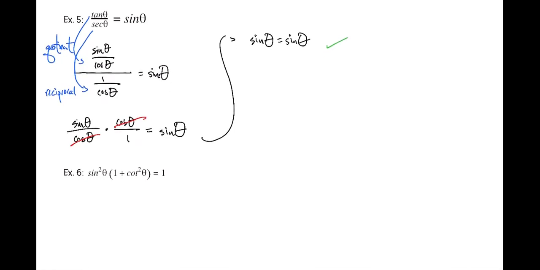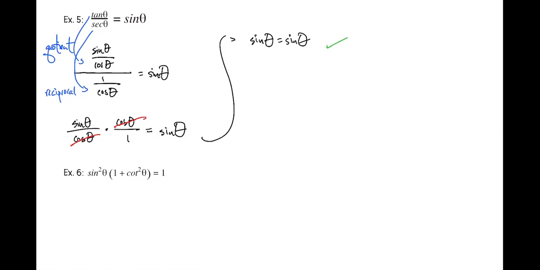All right, questions on number 5? Yeah, on number 5, I mean, the wording of this is probably wrong, but I thought of it as 1 over secant.